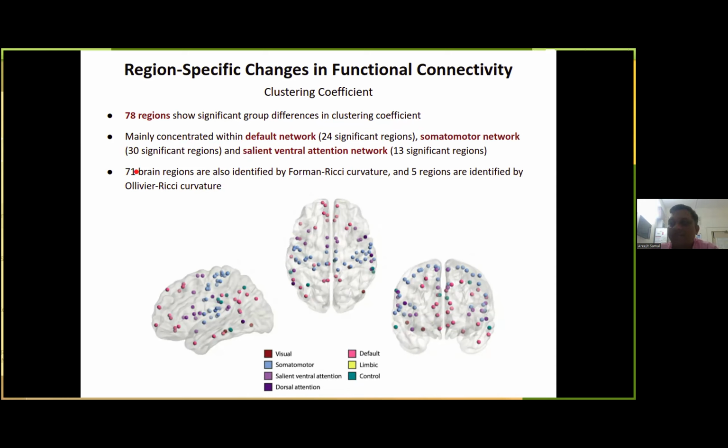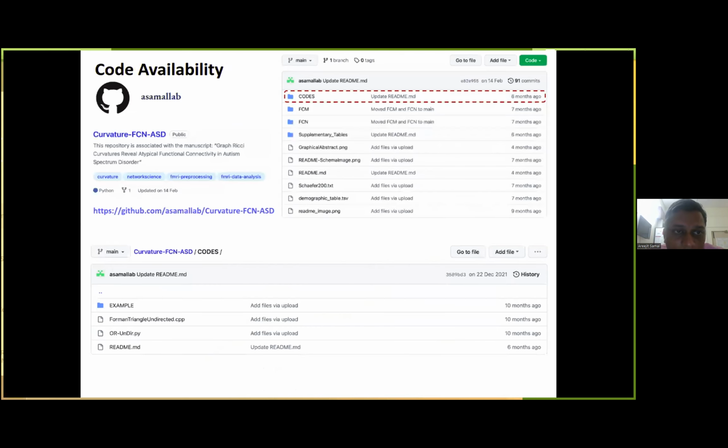So one of the reasons we proceed further with only Forman-Ricci curvature is because Forman-Ricci curvature predicts equal and actually more than the clustering coefficient. It is likely to have better predictive power if it gives more information than the simpler measures used in graph theory. Again, I want to mention that all the analysis that we've done, the codes are available here, and you can reproduce and check all the data.